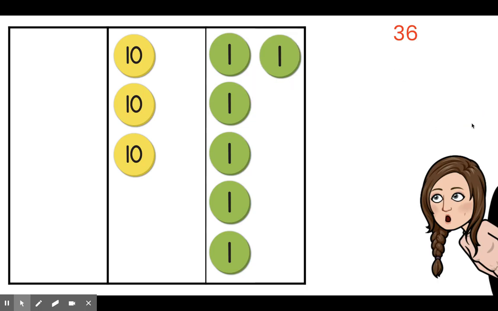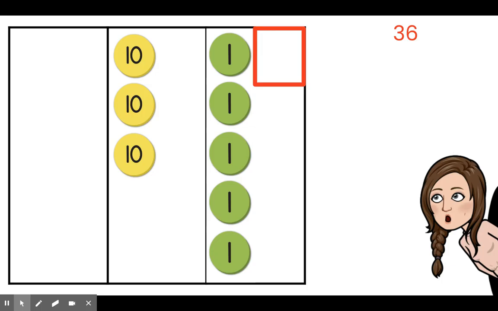Let's go back to 36. Now our red rectangle is all boxed up around one of our one place value discs. This means it's time for that one to disappear. Watch closely. Gone. Now what do we have on our place value chart? 35.